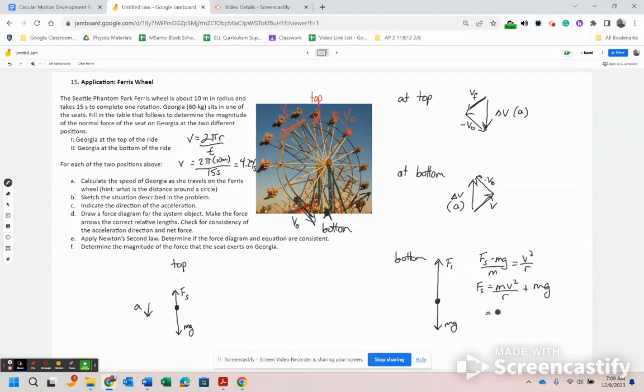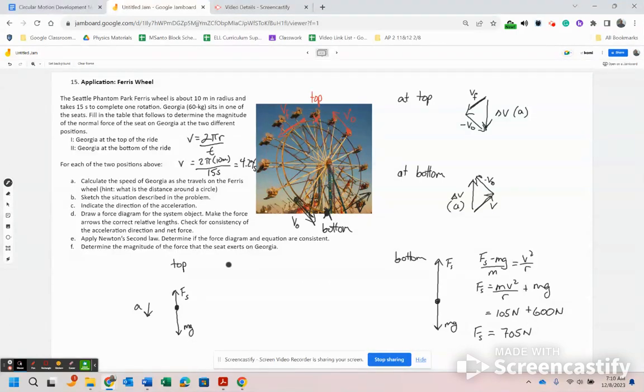And when I substitute all those numbers in, v squared over r is going to be 1.75 meters per second squared. So when you multiply by that mass, you get 105 plus 600 newtons. So the force exerted by the seat is going to be, sorry, not 105 newtons, 705 newtons on Georgia.